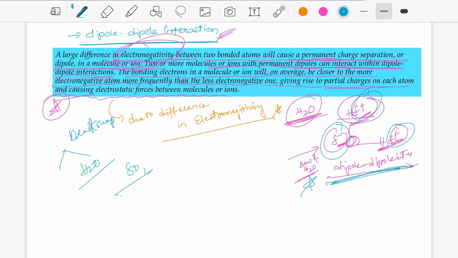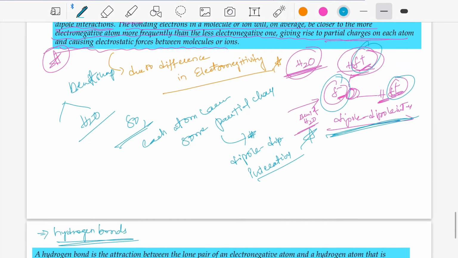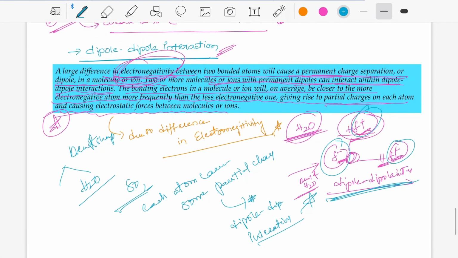Each atom carries some partial charge, which causes a dipole and dipole interaction. A dipole is nothing but one positive and one negative pole. Two poles, one positive, one negative. There are some interactions which are helpful for molecule stability, molecule interaction with other molecules, and so on.